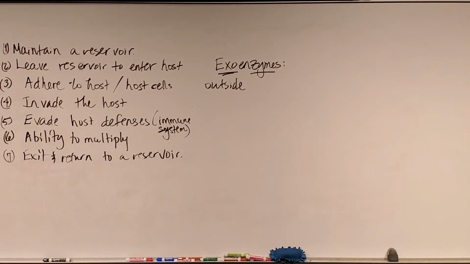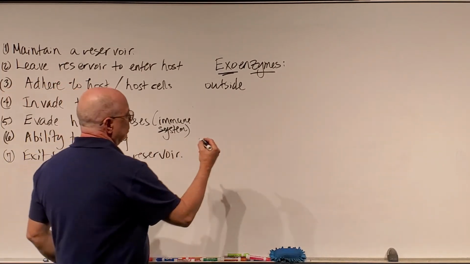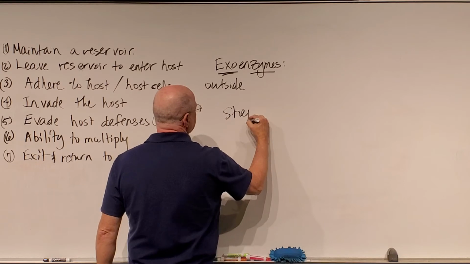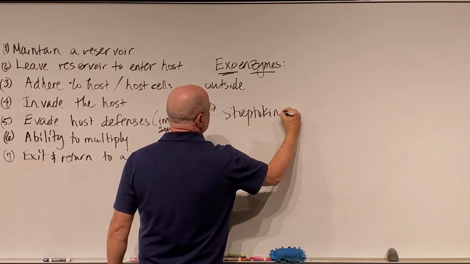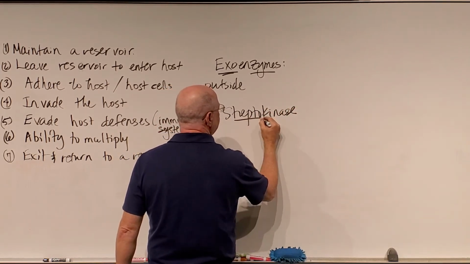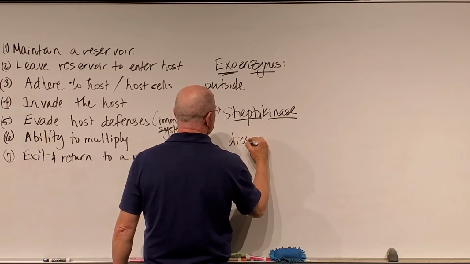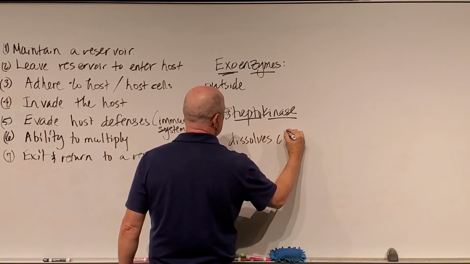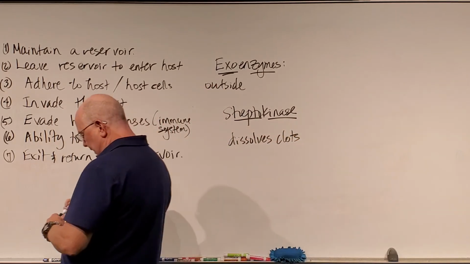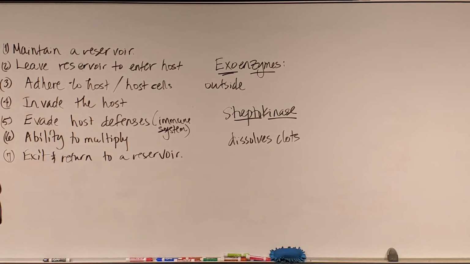Okay. There is one that I do like to talk about. There's one more exoenzyme called streptokinase. Streptokinase dissolves clots. It is an enzyme that is used to dissolve blood clots.